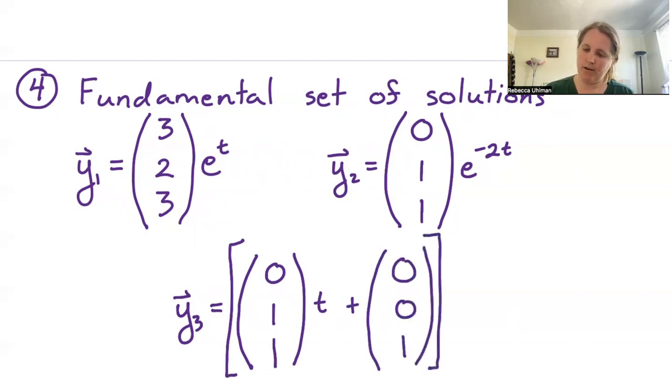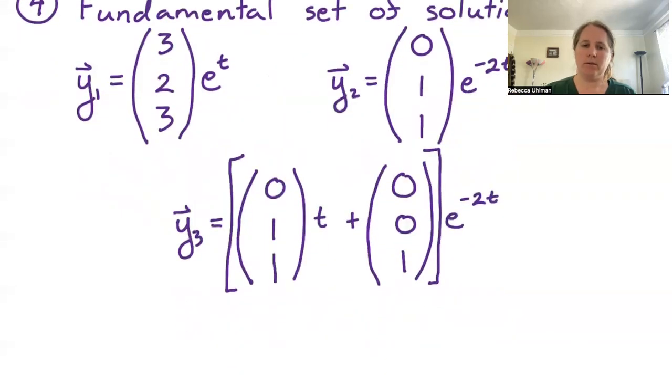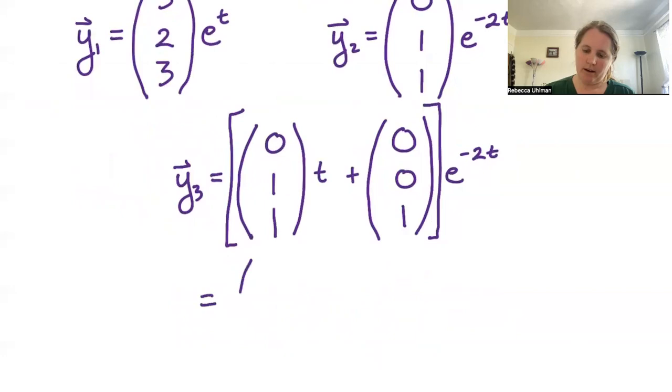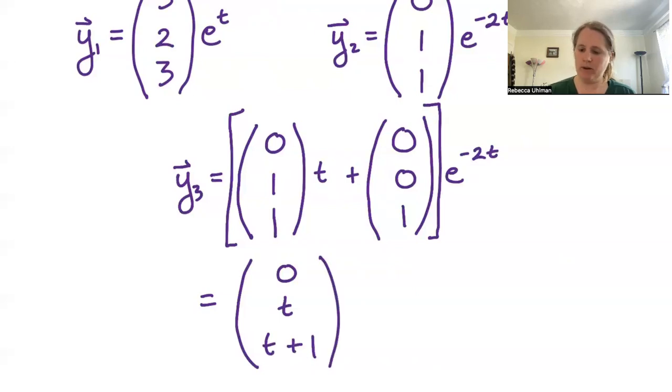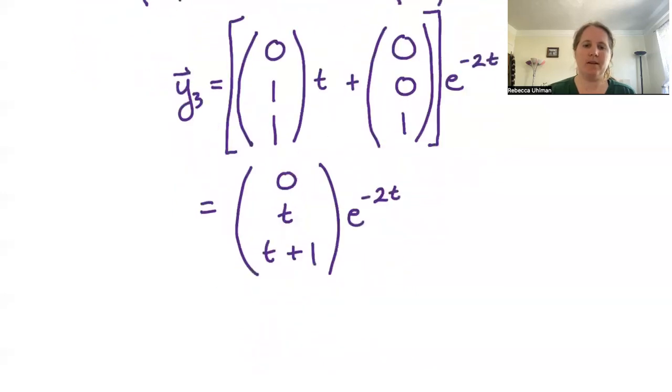And that whole thing multiplying e to the -2t. So we can rewrite y3 as 0 times t plus 0 is just 0. And then we have 1 times t plus 0 is t. And then we have 1 times t plus 1 is t plus 1. So we have 0, t, t plus 1, all multiplying e to the -2t.